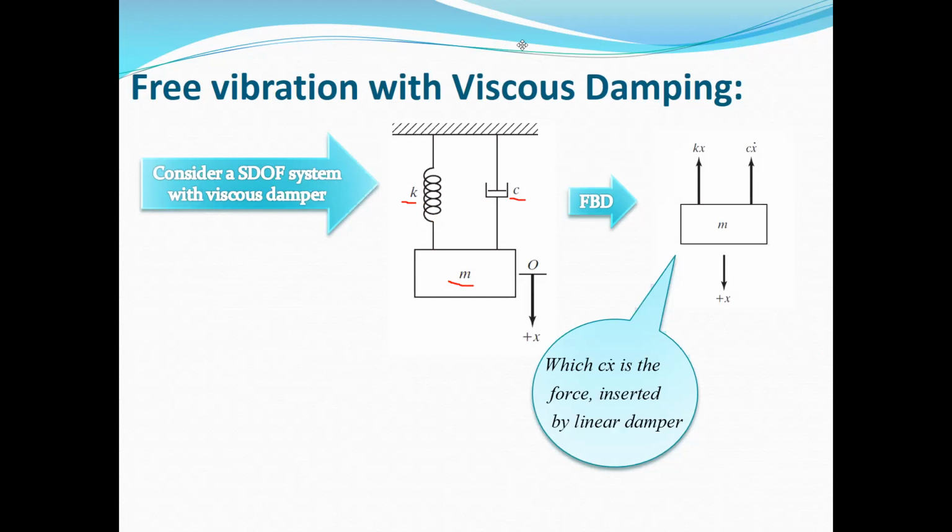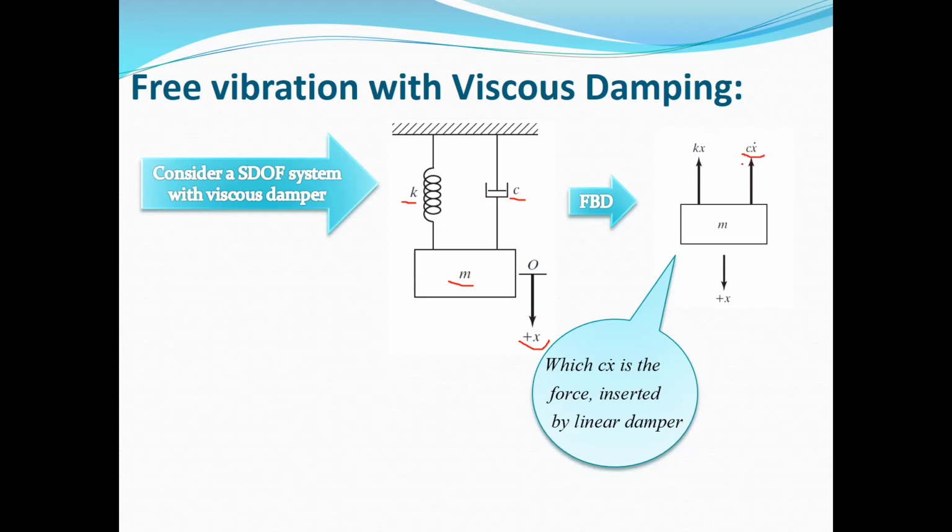If we show the coefficient of damping by C, the force in a damper is equal to C times the velocity of the damper, which, when we show the displacement by x, is x dot.